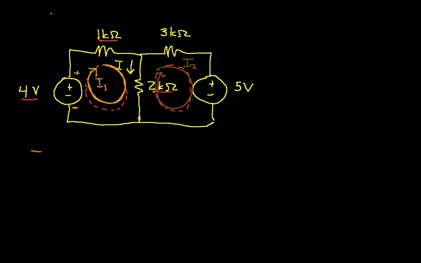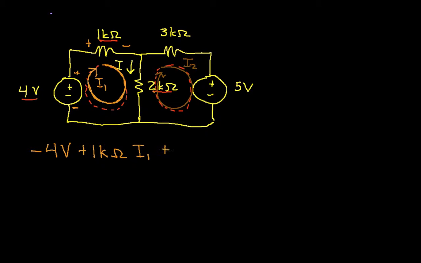So Kirchhoff's voltage law will give me a minus 4 volts. And then I get the voltage across this 1 k ohm resistor. We know from Ohm's law that will be 1 k ohm times I1, whatever I1 happens to be. We don't know what I1 is yet, but by the time we're done, we'll have 2 equations and 2 unknowns, I1 and I2, and we will solve them.